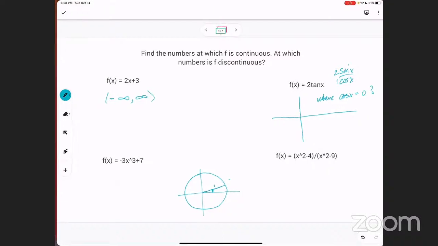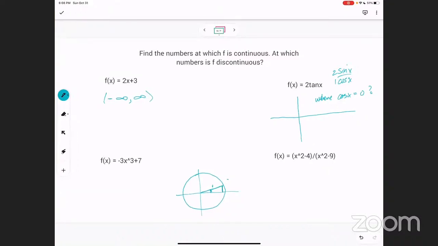So your x coordinate is going to be your adjacent, and your y coordinate is going to be your opposite. What is the hypotenuse for all of these? It's 1.